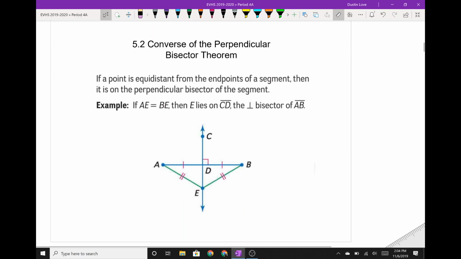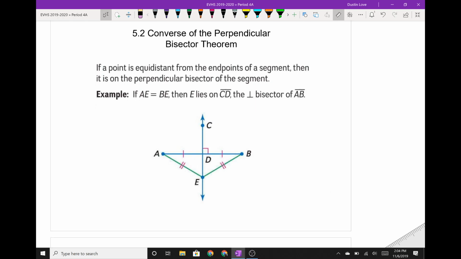We've also got the converse of that. If a point is equidistant from the endpoints of a segment, then it has to be on the perpendicular bisector. Now, the way this one's drawn, it can be kind of hard to see, but basically, if I've got a point, and we'll call this ZY, and I have another point that is equidistant, and this equals this, then that new point, let's call it X, must be on the perpendicular bisector.